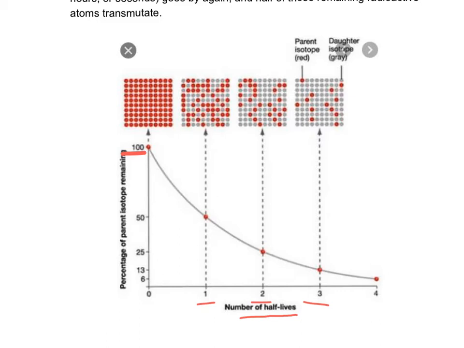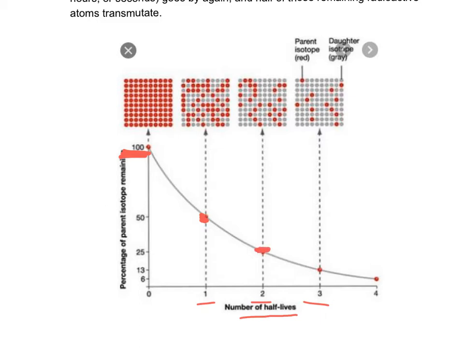And so graphically, if we start at 100, and then after that first half-life, half of those atoms have transmutated to the stable isotope and half are still radioactive, then you're left with 50%. And then during the next half-life, when half of those 50% transmutate, you have 25% left.